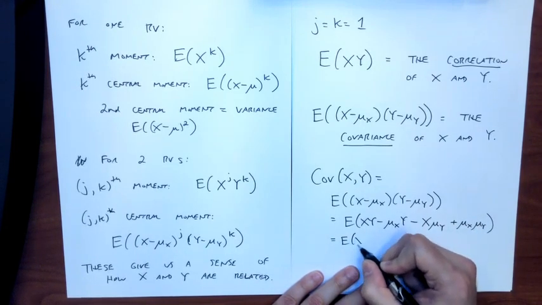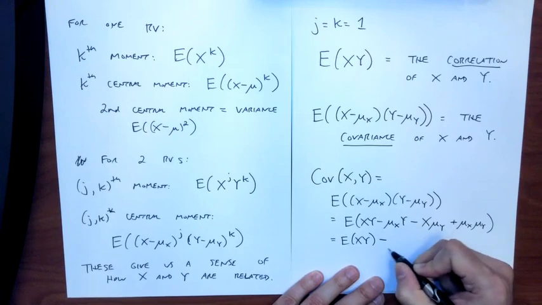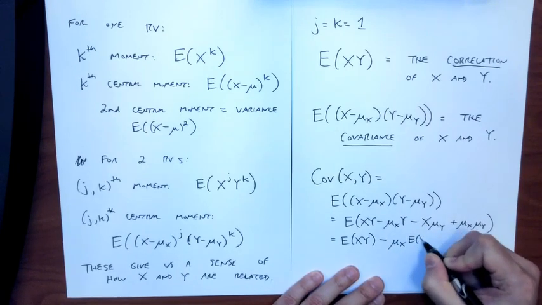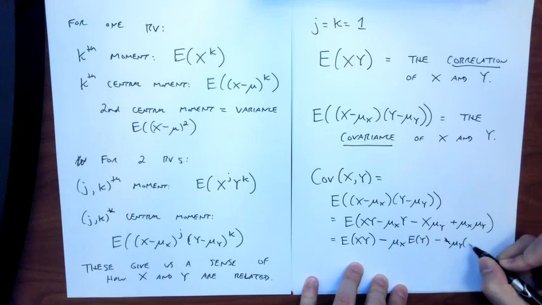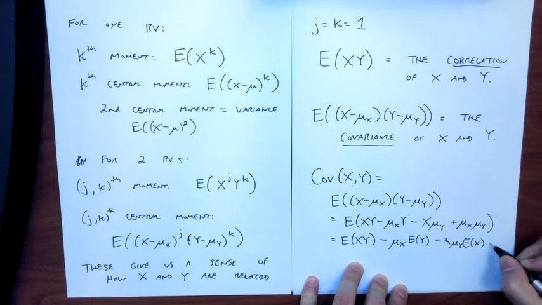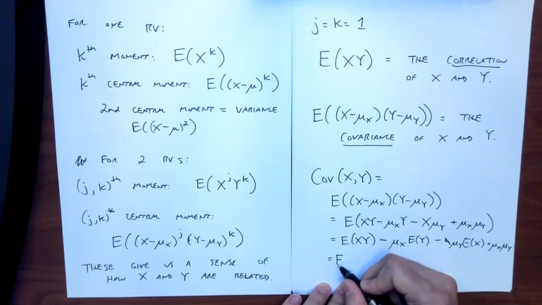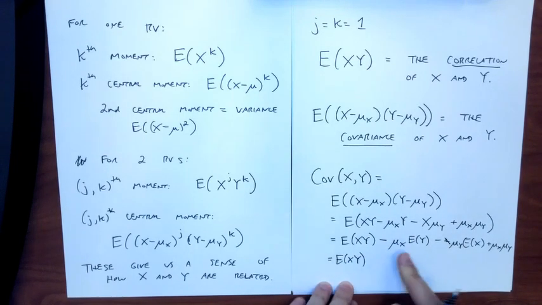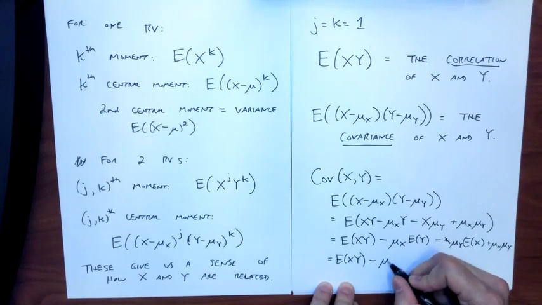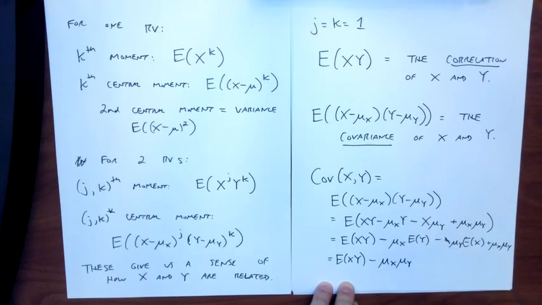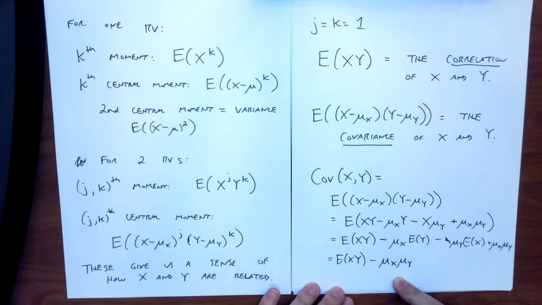I can break this up into the expected value of xy minus mu x times the expected value of y minus mu y times the expected value of x plus these two means. And I can see that I get expected value of xy. This is mu x times mu y. This is mu x times mu y. So basically it's the correlation minus the product of the two means.